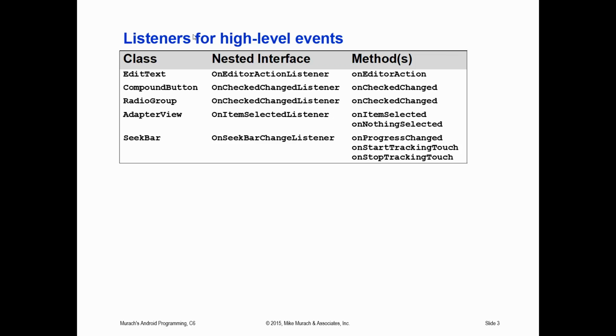That type of event only occurs on widgets like an edit text widget, but it doesn't occur, for example, on a button widget. An interface that defines a listener for a high-level event like this is typically nested in the class for its corresponding widgets.